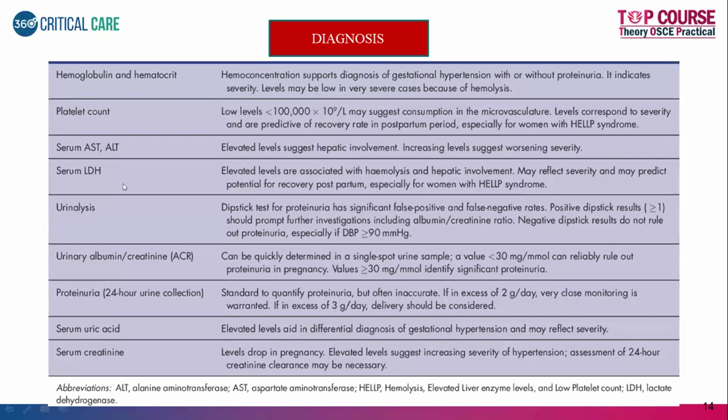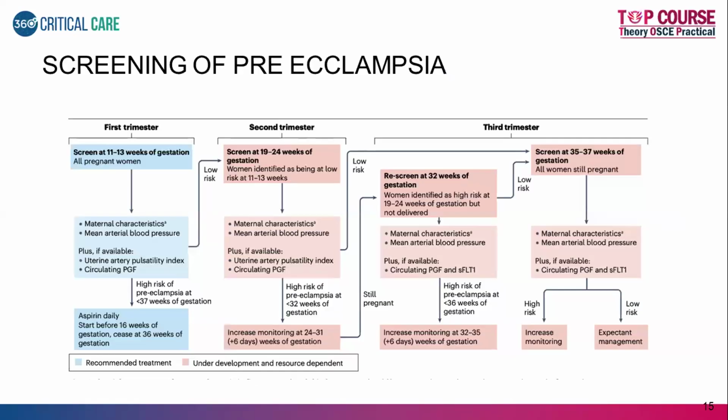Serum LDH will be elevated. And in urine analysis, you're going to see your proteinuria. Measure your urine albumin creatinine ratio, 24-hour urine collection for proteinuria, and your serum uric acid will be elevated in some cases of gestational hypertension, and AKI, as I told, serum creatinine levels. So these are the routine labs which you send for a patient of preeclampsia.